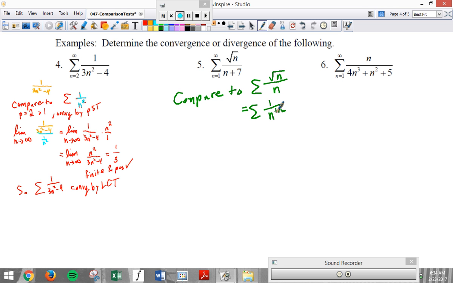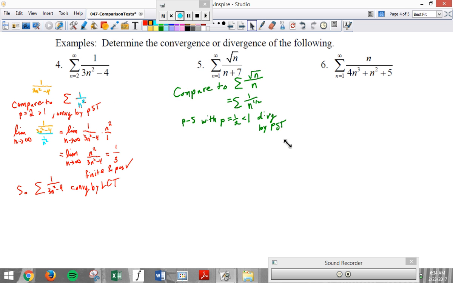Okay. Why do I want to write it like that? Because then that's a P series with P equal 1/2, which is smaller than 1, so diverges by PST, P series test.